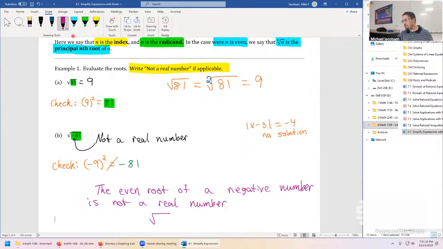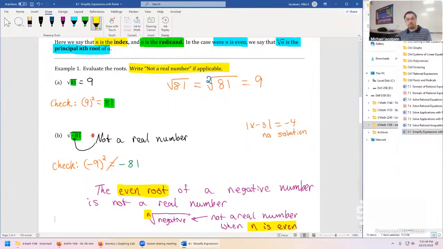So if you write out the nth root of anything negative, this is not a real number. But remember, that's only when the index is even, so it's not a real number when n is even.